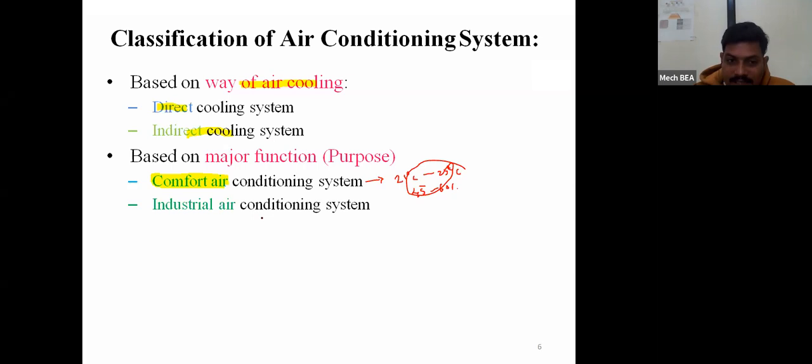So in such cases we require to provide the air conditioning system, as well as in the tool rooms, the photochemical machines, and the textile industries, whatever machines we are using.